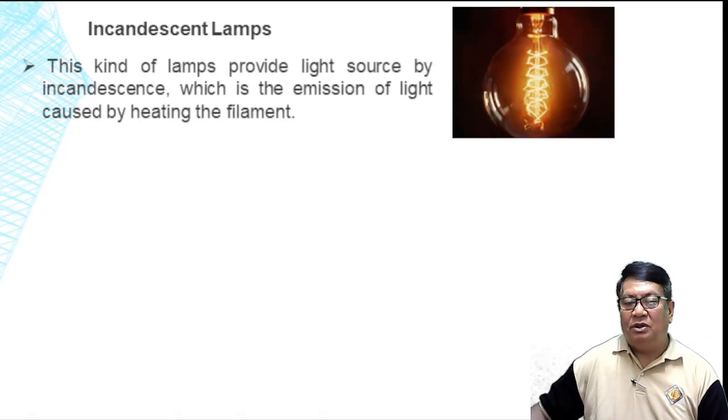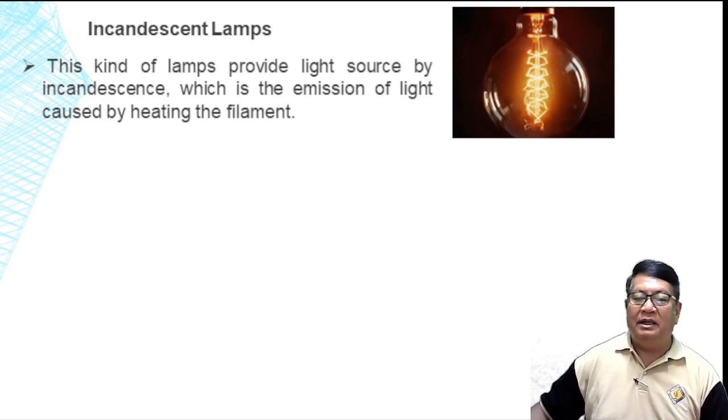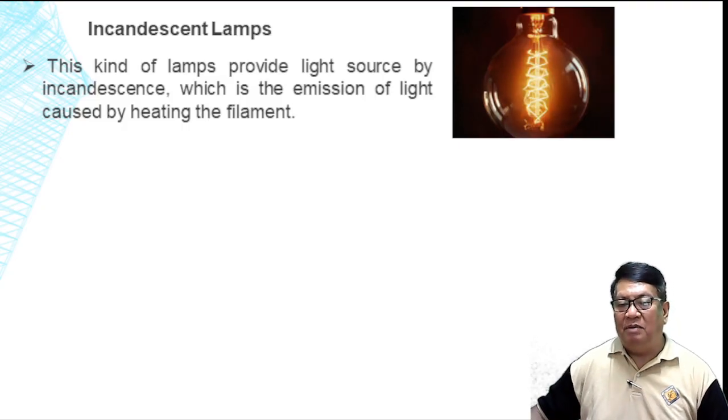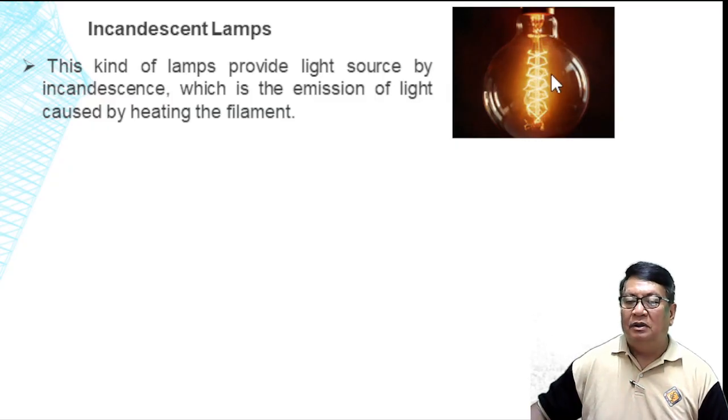This kind of lamp provides a light source by incandescence, which is the emission of light caused by heating the filament. This is our filament here inside the bulb, and this filament will be heated, so it will produce light when heated.